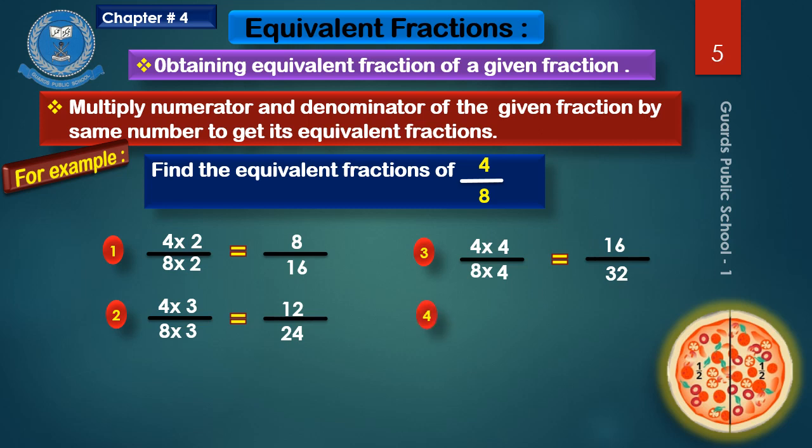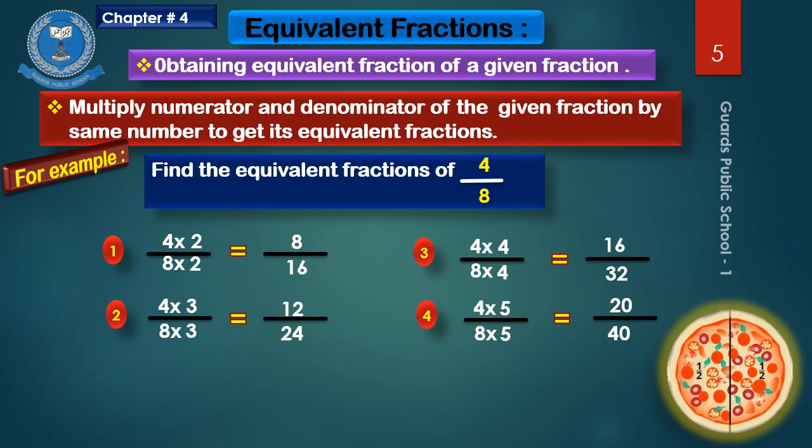The third equivalent fraction is 16 upon 32. For the fourth one, we multiply both numerator and denominator by 5. 4 fives are 20 and 8 fives are 40. The fourth equivalent fraction is 20 upon 40.